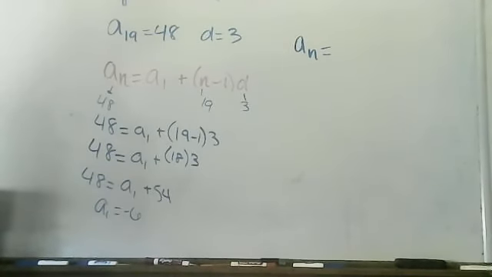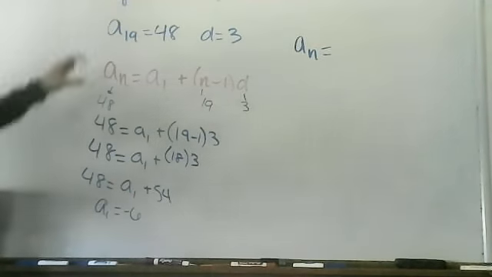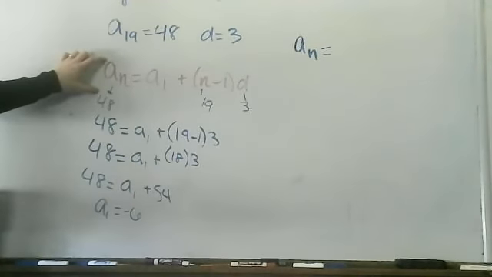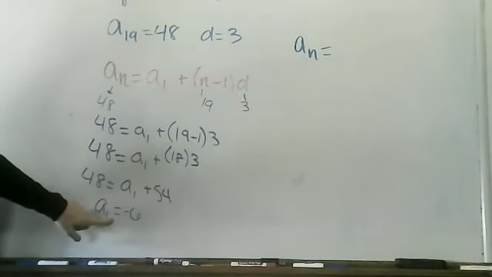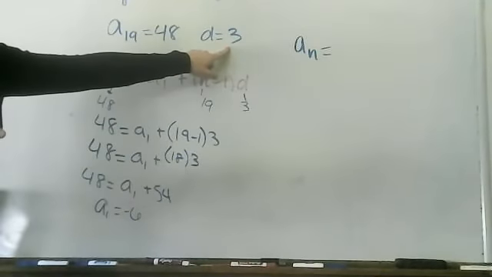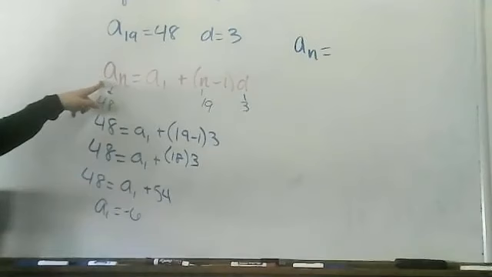Do I have my rule yet? So you're saying I'm not totally done yet, right? No, you still have to go back up to here. Now that I do know my A sub 1, and I still know my D value, I can use this to write that rule again.